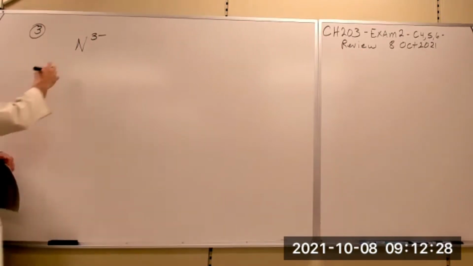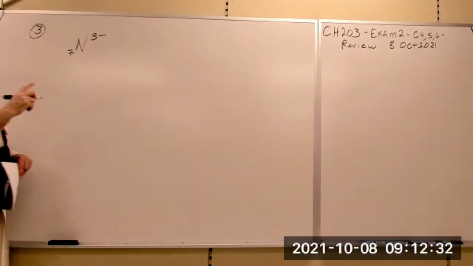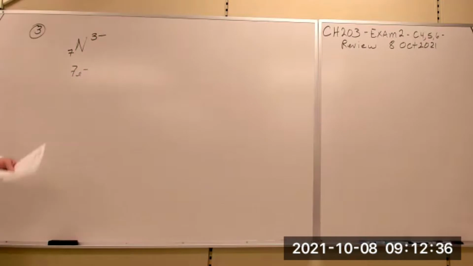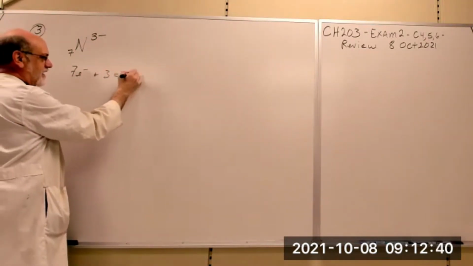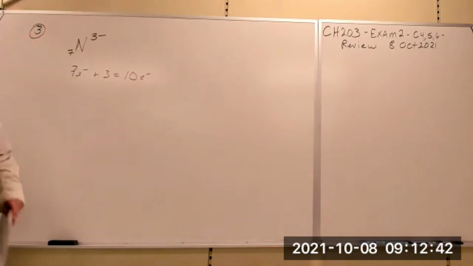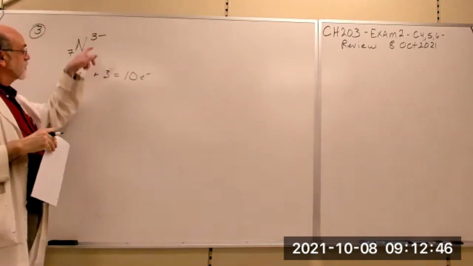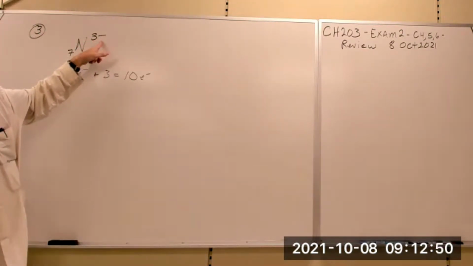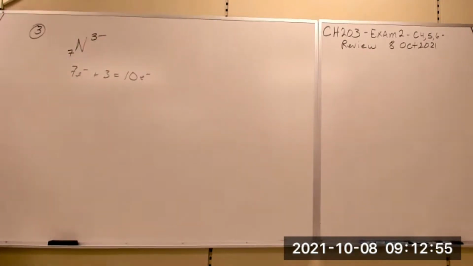It has 7 protons. That's not going to change. If it's neutral, it has 7 electrons, right? So now it's got 3 extras. It still has 7 protons with 10 electrons, because it has a balance toward 3 negatives, which means 3 extra electrons.